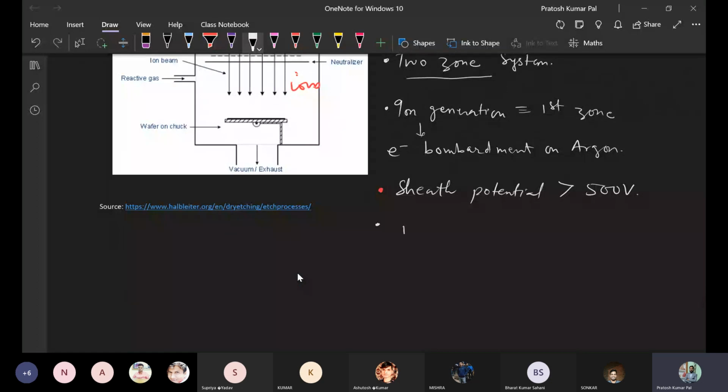And the pressure of the chamber will be less than 2 millitorr. Torr is the unit to measure the pressure. So the pressure inside the chamber will be less than 2 millitorr.